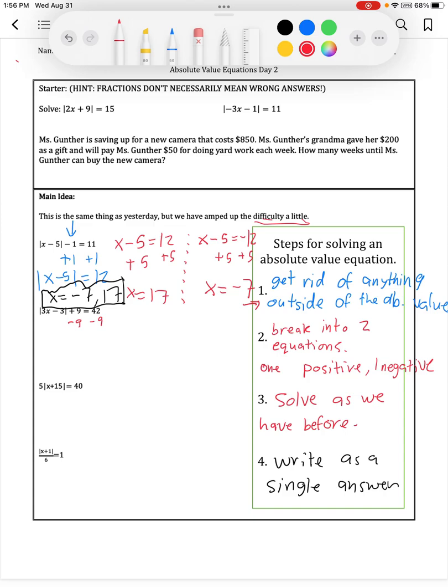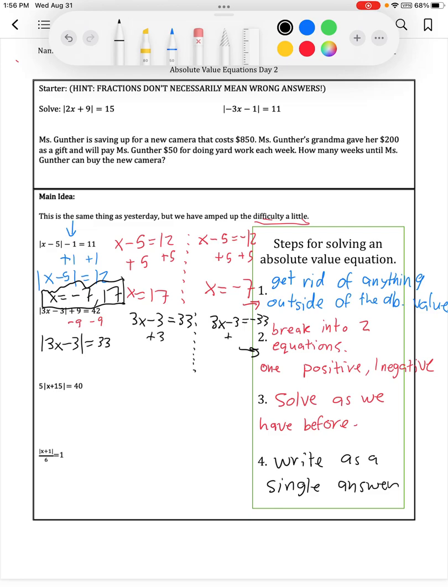And that will give us the absolute value of 3x minus 3 is equal to 33. Lots of 3's. We can go ahead and split it into two equations, one positive, one negative. So let's go. 3x minus 3 is equal to positive 33, and 3x minus 3 is equal to negative 33. From here we solve.